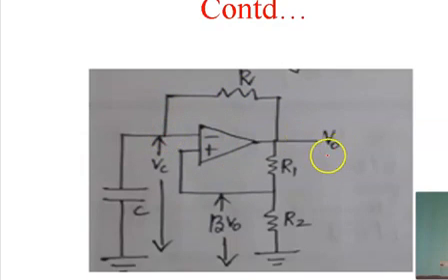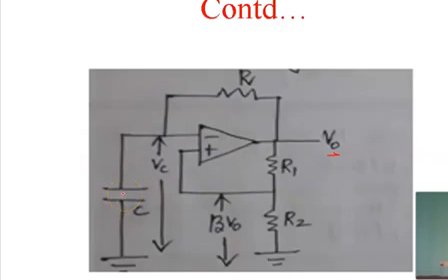Initially, let us assume the output voltage is equal to the saturation voltage. Then at the non-inverting terminal of the op-amp, the voltage is beta into V saturation. As a result, the capacitor starts charging.